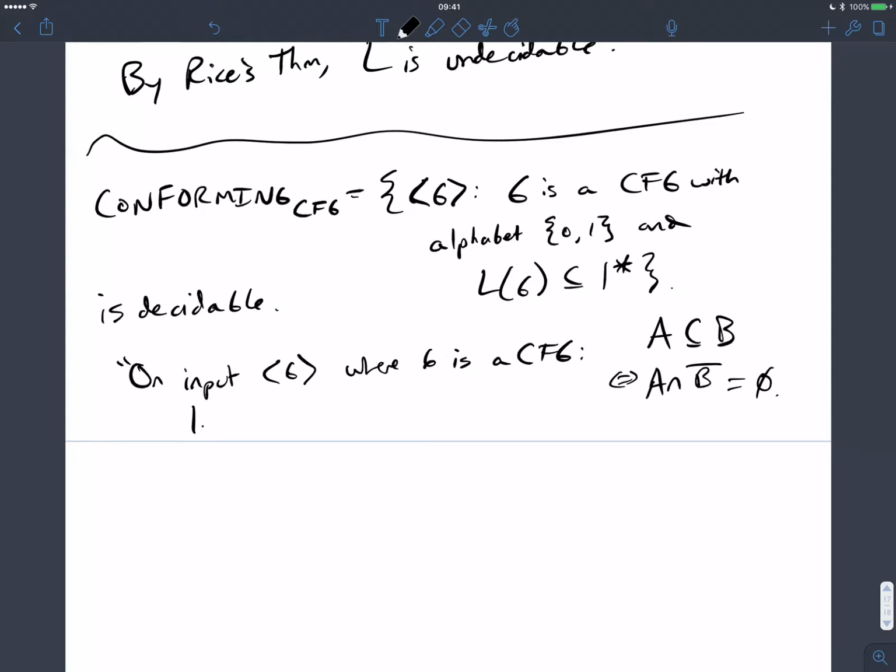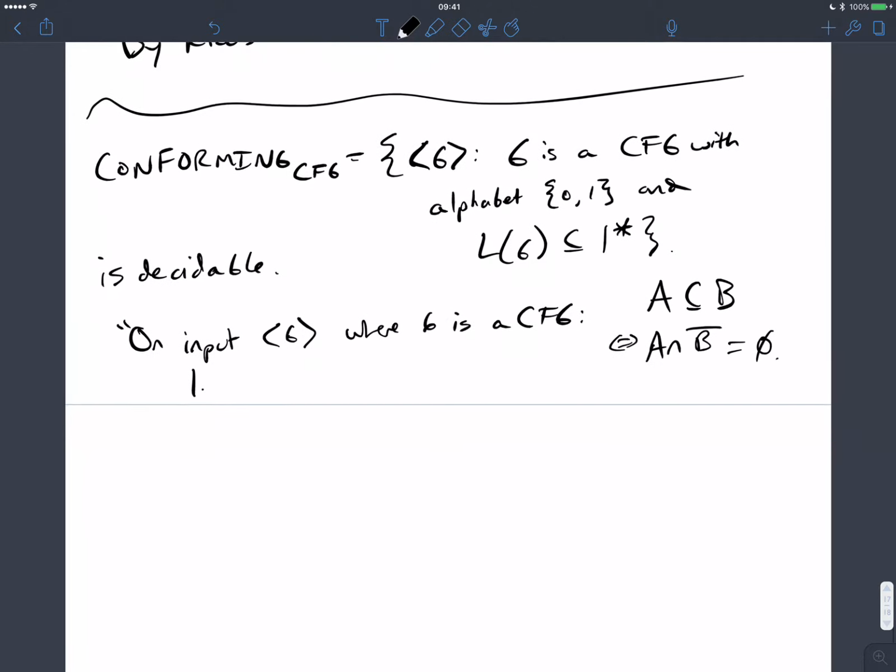Because it was one of the extra questions on the homework, and another one for CFGs. If you want to do it with PDAs, you do a product construction with DFAs. So a PDA and a DFA, and the transitions, whatever you do with the stack is what the PDA would have normally done.